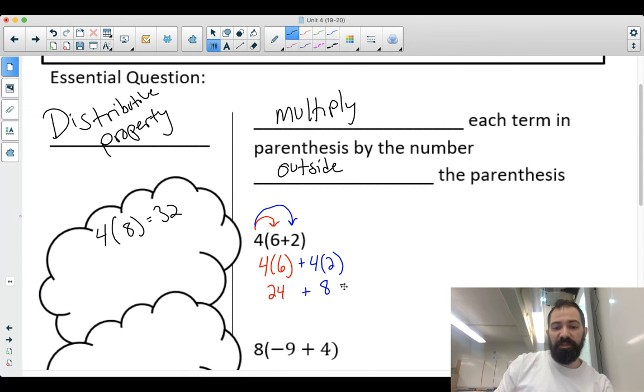Sorry, I was thinking ahead and trying to jump to this problem. 24 plus 8 is 32, just like 4 times 8 is 32. Both of these answers are the same.